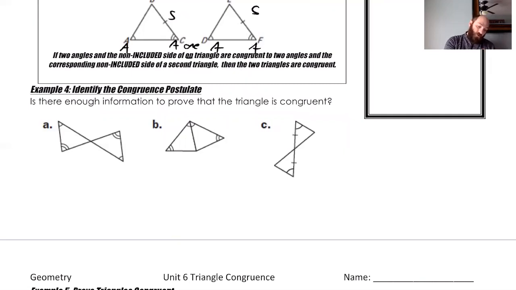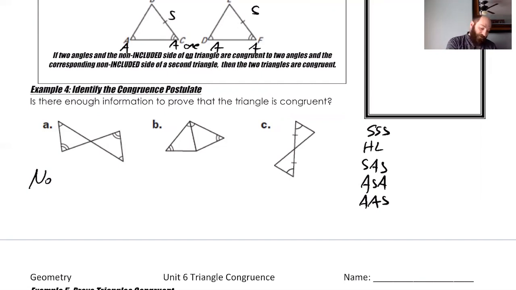We have side, side, side, hypotenuse leg, side angle side, angle side angle, and angle angle side. The one thing that's common in all five of these is that there's at least one pair of sides that need to be congruent. So when I look at A, that's going to be no right off the bat because there's no congruent sides there.